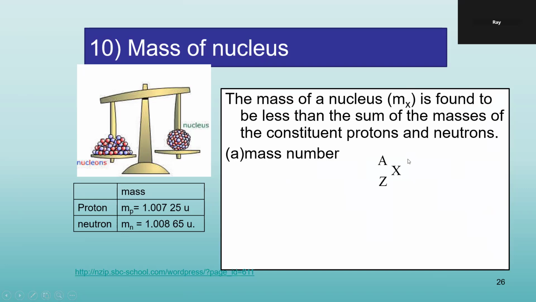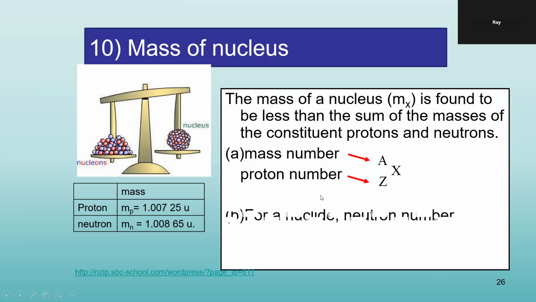Right? So that is your X, the element. A is the mass number. Z is the proton number. For a nuclide, neutron number is A minus Z. That's your AS work.